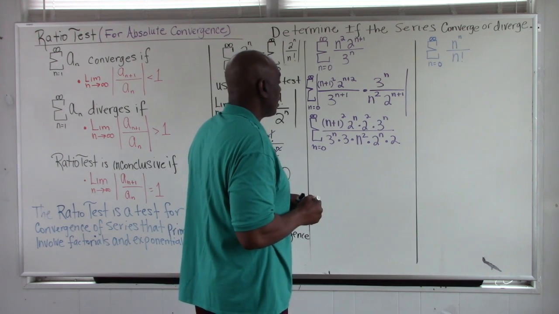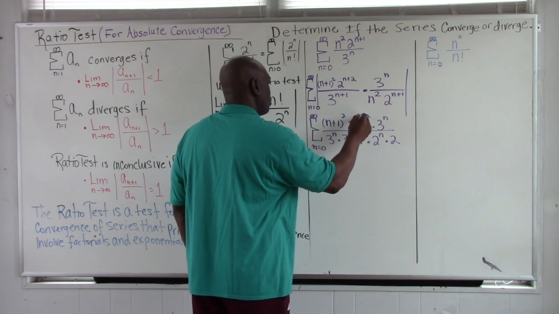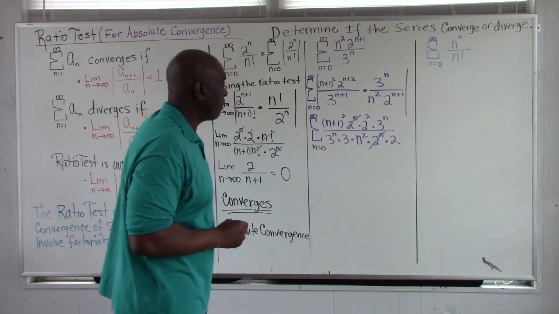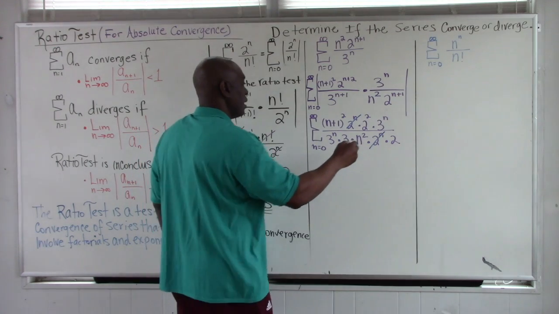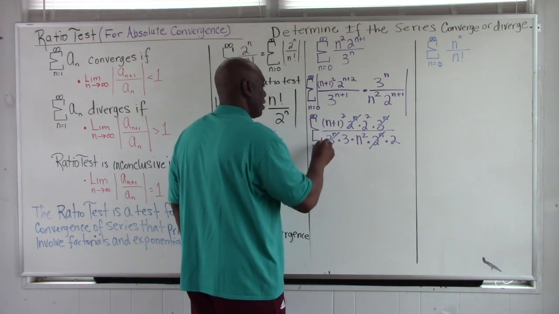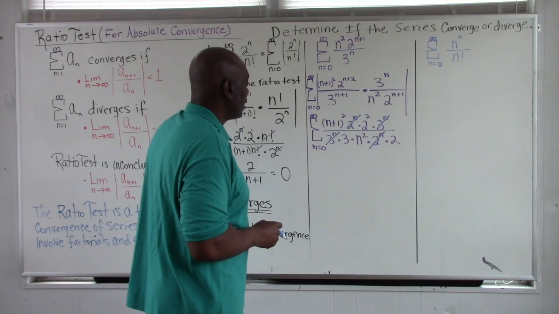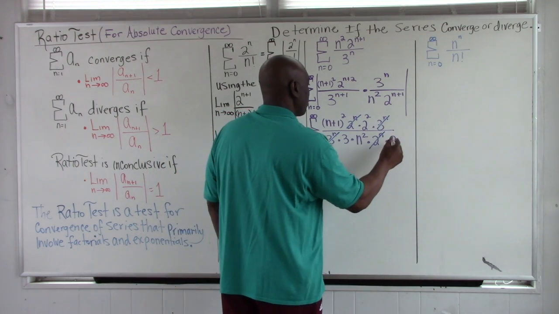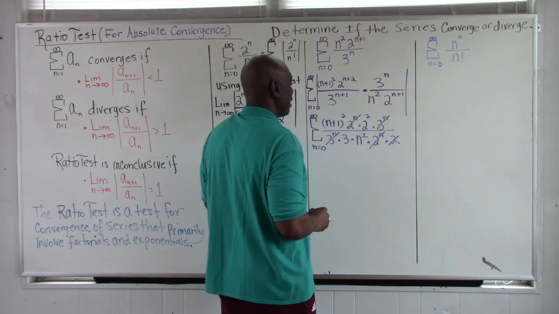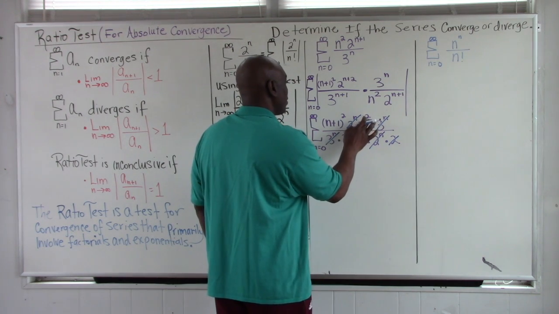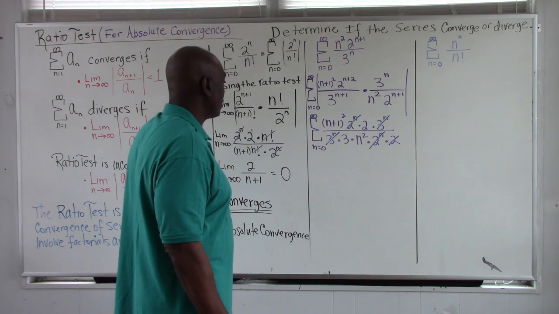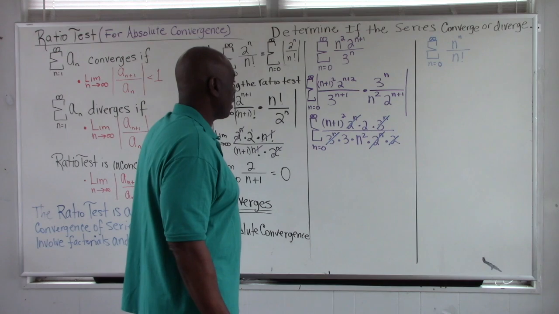Let's see. I see a 2^n, 2 to the power of n, pardon me. 2 to the power of n cancels out. I see a 3 to the power of n in my numerator and denominator. That also goes to 1. Let's see, I see a 2 here, and I see 4 right there, so I can get rid of that 2 and make that a 1. Okay.